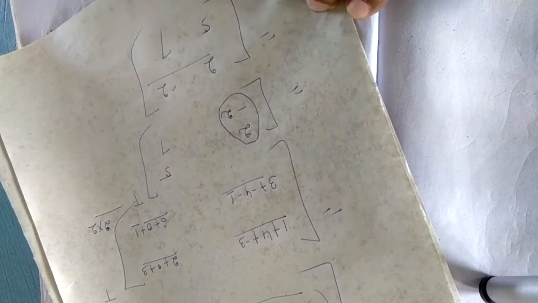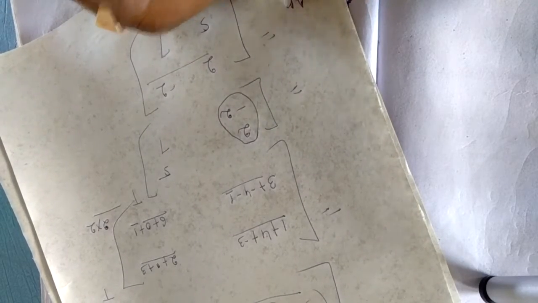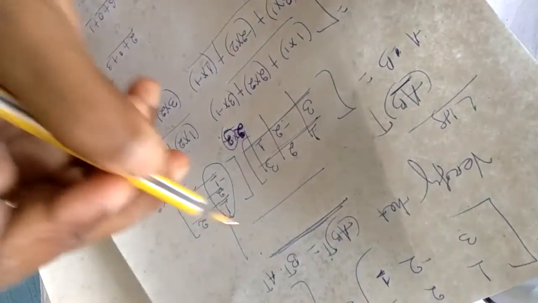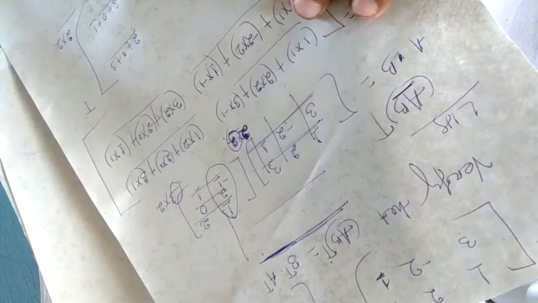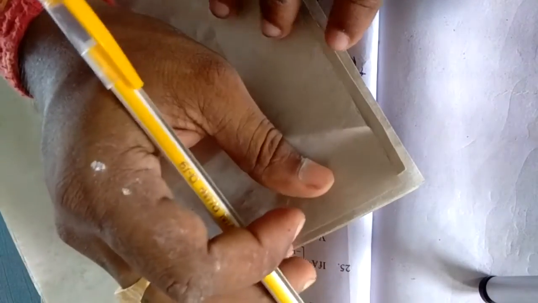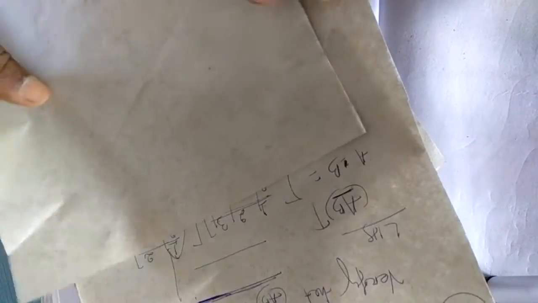This is the transpose of the matrix, (AB) transpose. Now for the RHS given in the question, we need B transpose into A transpose. So now find B transpose and A transpose.